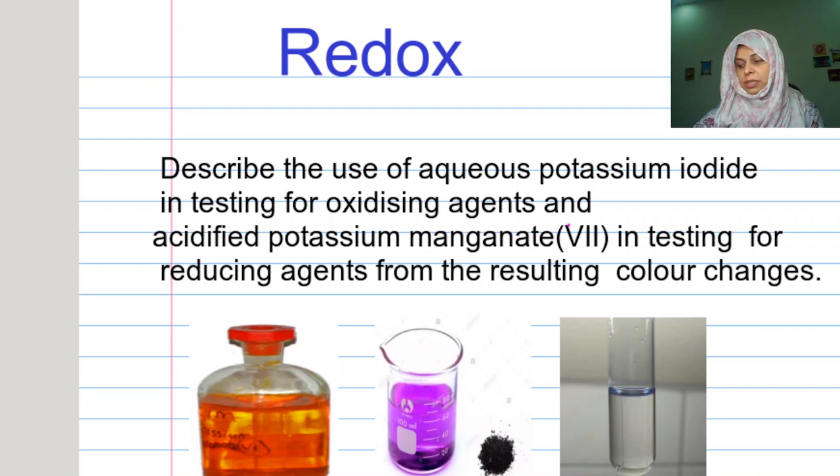Number one, the acidified potassium manganate and the acidified potassium dichromate. We will use acidified potassium dichromate to test for reducing agents, whereas we will use potassium iodide, which is colorless.